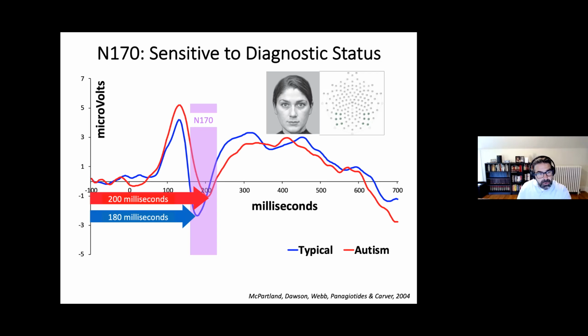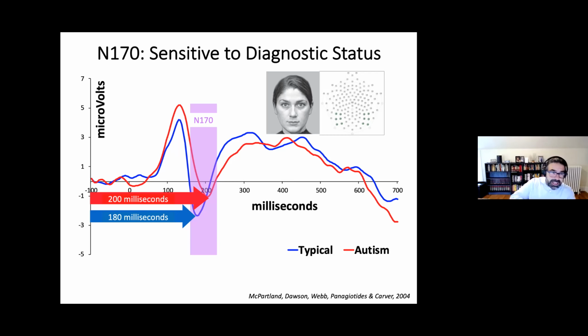And this is important because when you recognize a face as a face, your brain still has a lot of work to do. It has to figure out who it is, what it's saying, what emotions it's experiencing. Even at that very first stage, people with autism are already operating at an inefficient pace, and we think that could contribute to some of their difficulties with face perception.